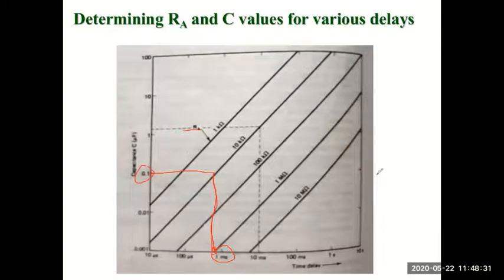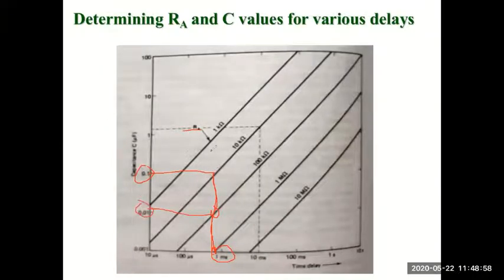So if they provide these curves, you can directly find the resistance and capacitance value needed to get the required time delay. If you have to design a monostable for a time delay of 1 millisecond, you can use a 10K resistor with 0.1 microfarad capacitor, or if I want to use 100K resistor, the corresponding capacitor turns out to be 0.01 microfarad.